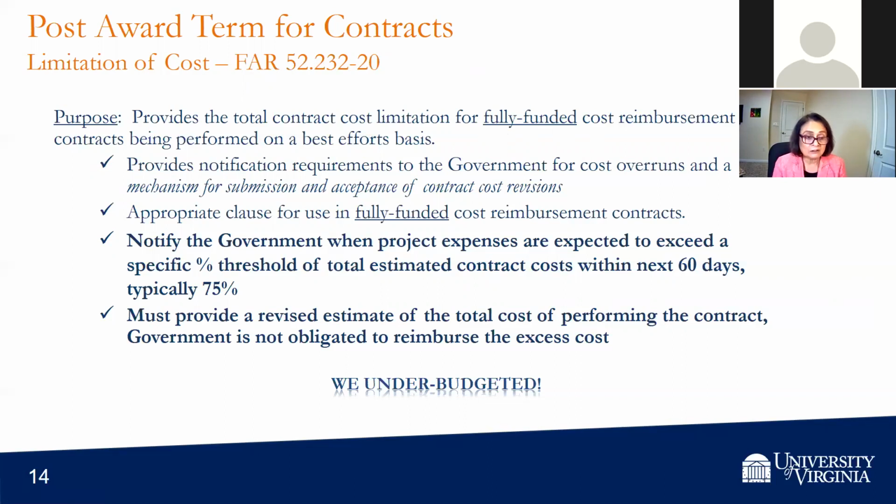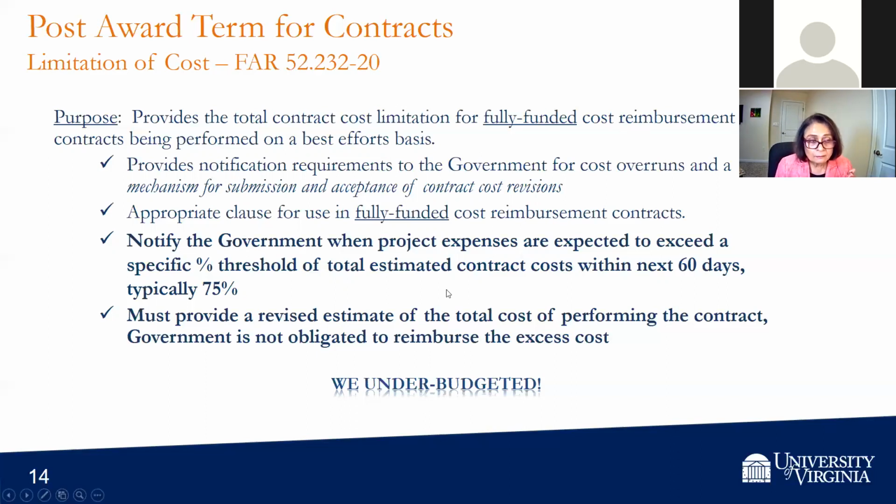So what it allows us to do is to notify the government before we reach a specific dollar threshold. And then we let the government know that, hey, we need more money from you. And we open up the pathway to renegotiate the contract terms, submit a supplemental proposal asking for more money.